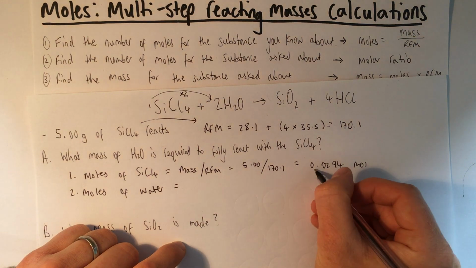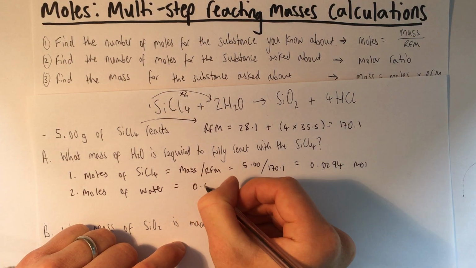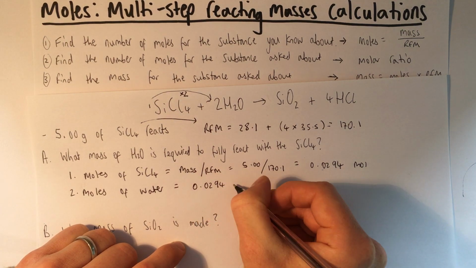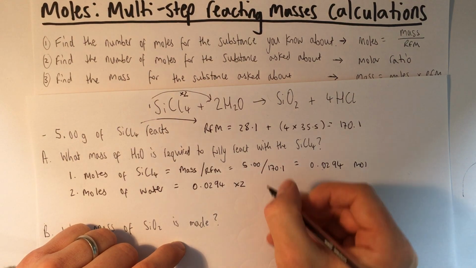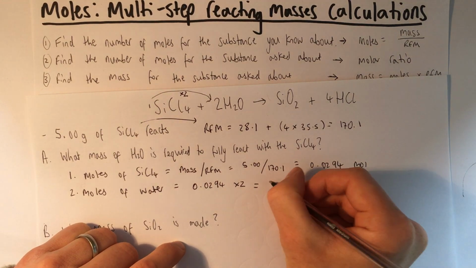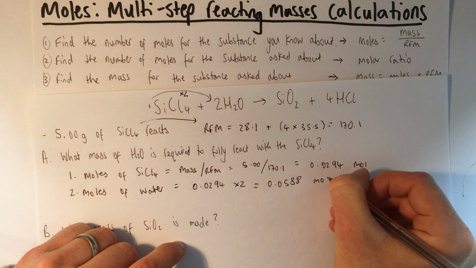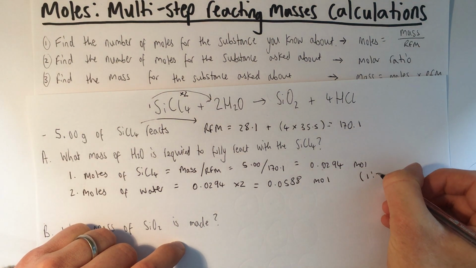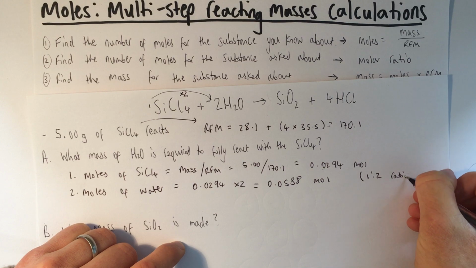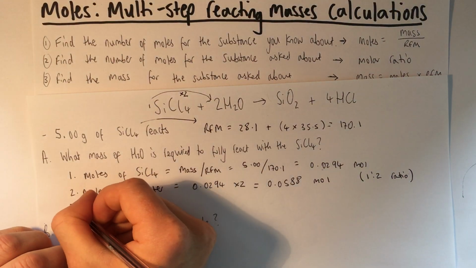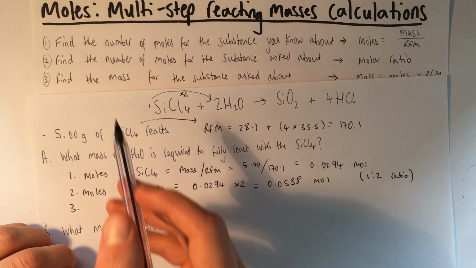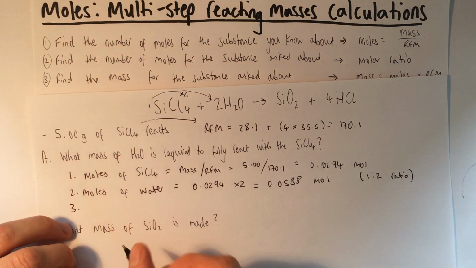So I'm going to do this number of moles times by 2, which gives me 0.0588 mole. Just going to put in brackets, that's because it's a 1 to 2 molar ratio. Okay, and now I'm ready to do what the question actually asked me, the mass of water.